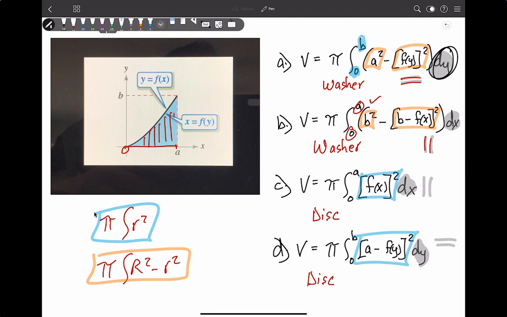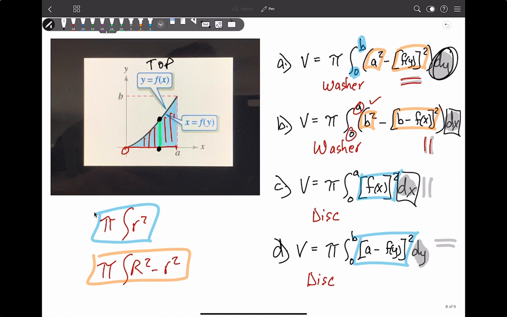If I created one from the axis of revolution out to the outermost edge of that blue shaded region, then I have a top minus the bottom. I don't have to rotate my head whenever it's dx. I'm just looking at it where this is the top. So the top function has to be in terms of x, because it's dx right here, and I need to have these functions in terms of x, which I do.